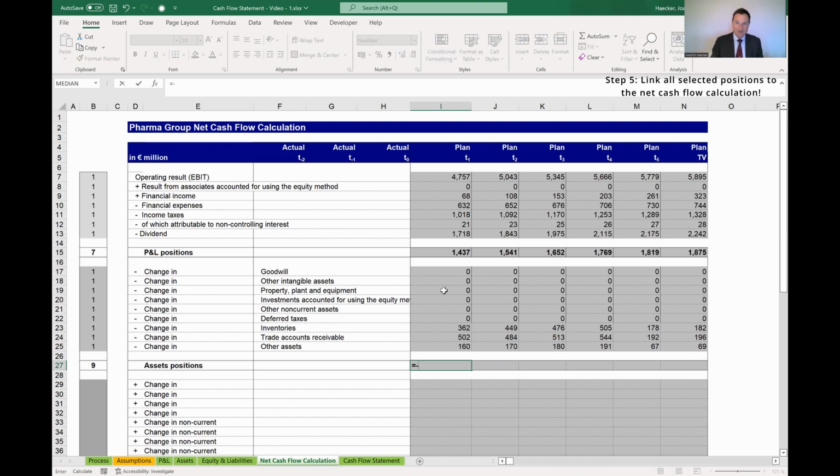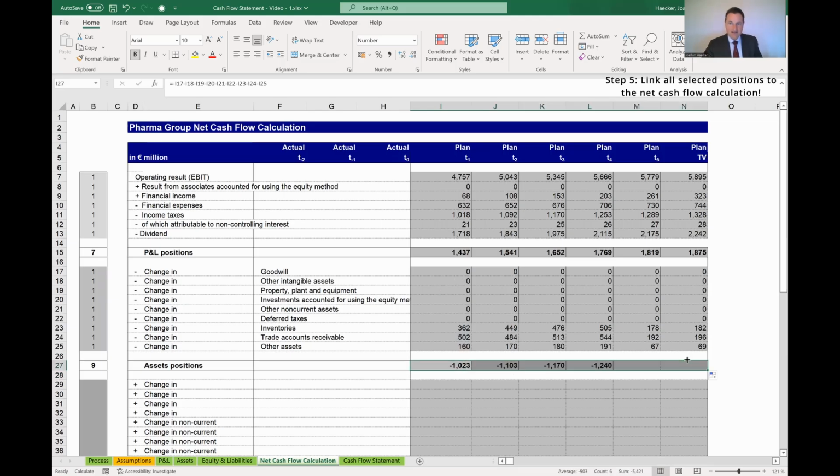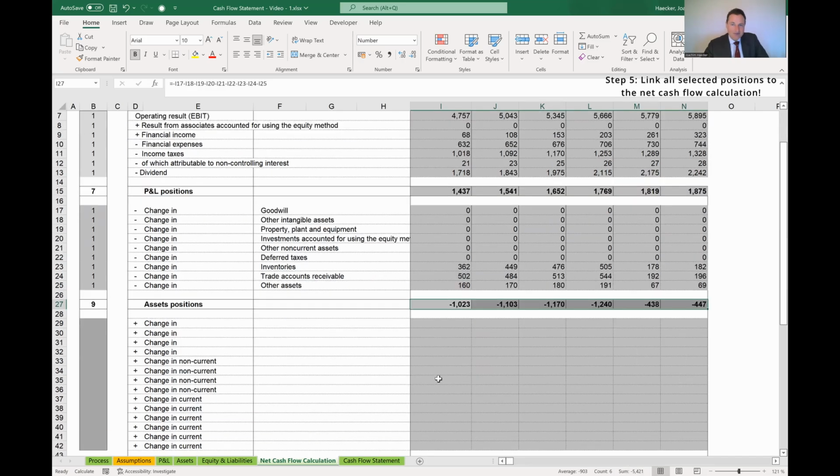Equals, and we start with a minus. Minus goodwill, minus this one, minus other non-current assets, minus deferred taxes, minus inventories, minus trade accounts receivable, and finally minus other assets. And that is my asset position. So everything has been subtracted.